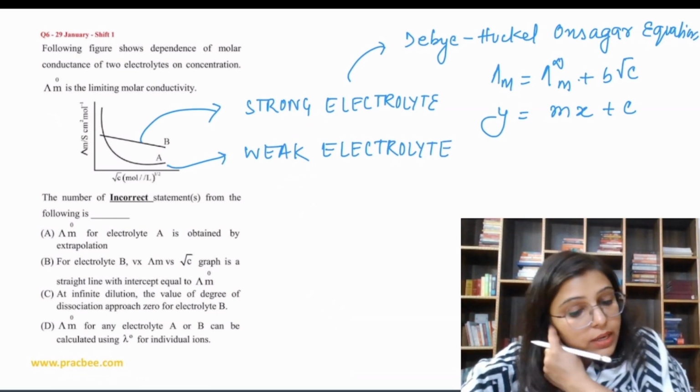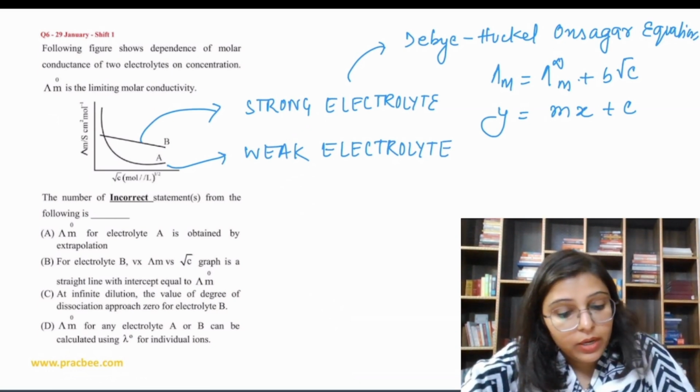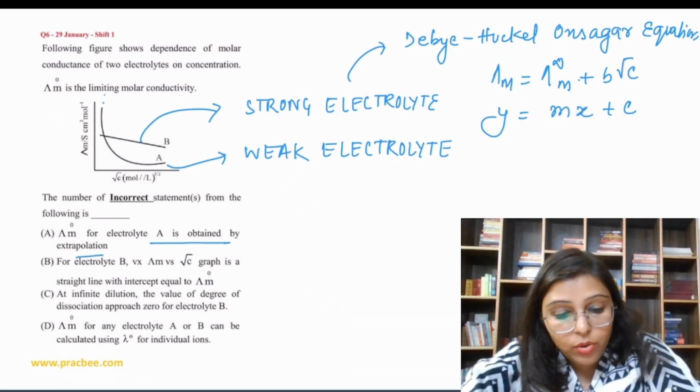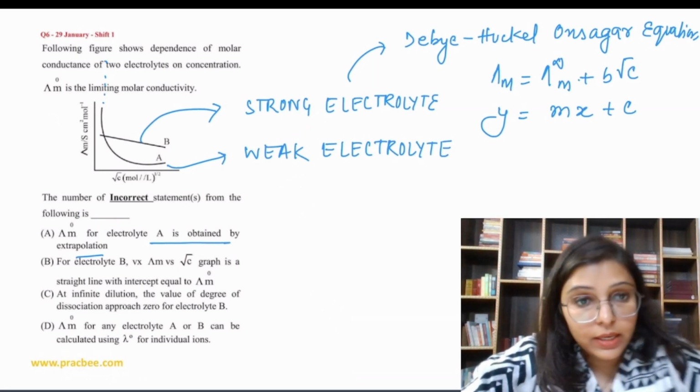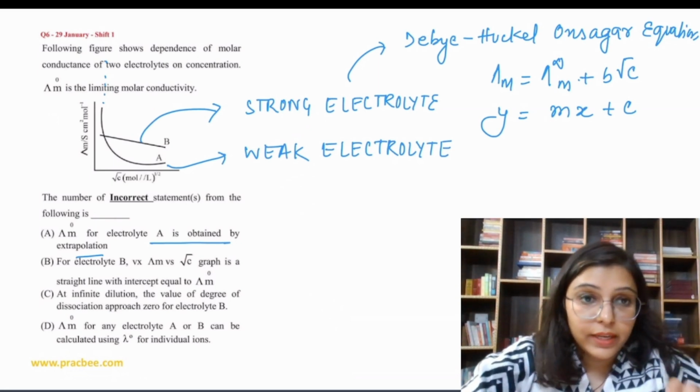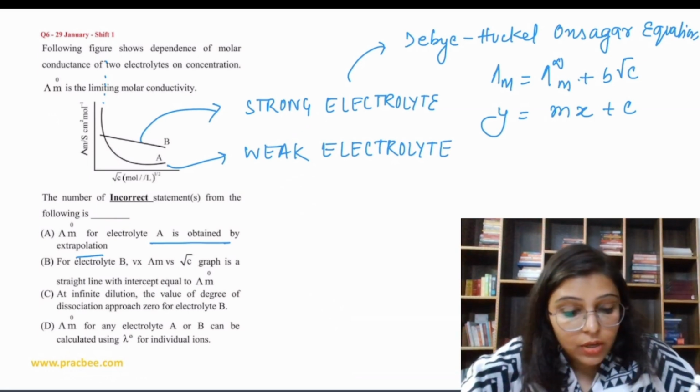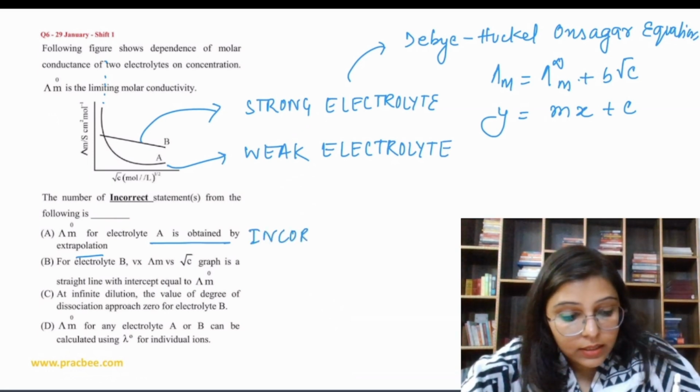Now, the number of incorrect statements from the following. Lambda not m for electrolyte A is obtained by extrapolation. For electrolyte A, no, we cannot find out the molar conductivity of a weak electrolyte at infinite dilution by extrapolation. So this is incorrect.